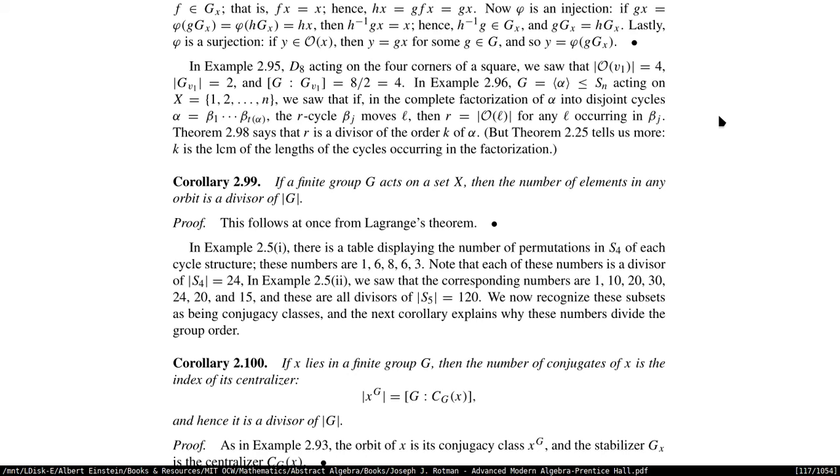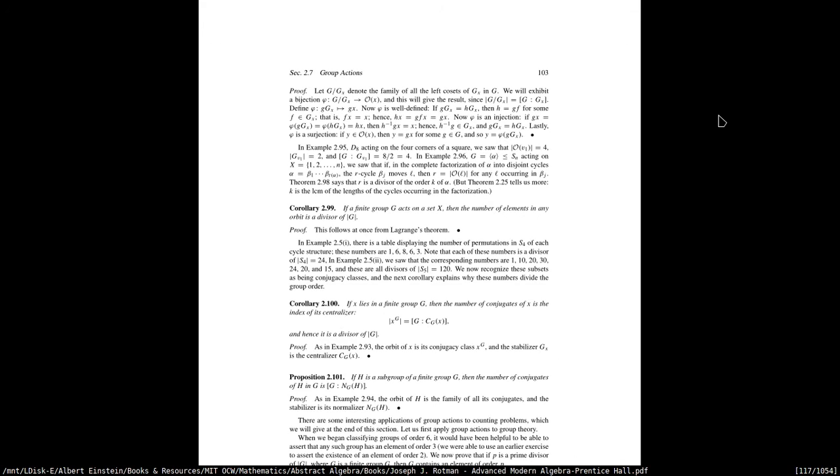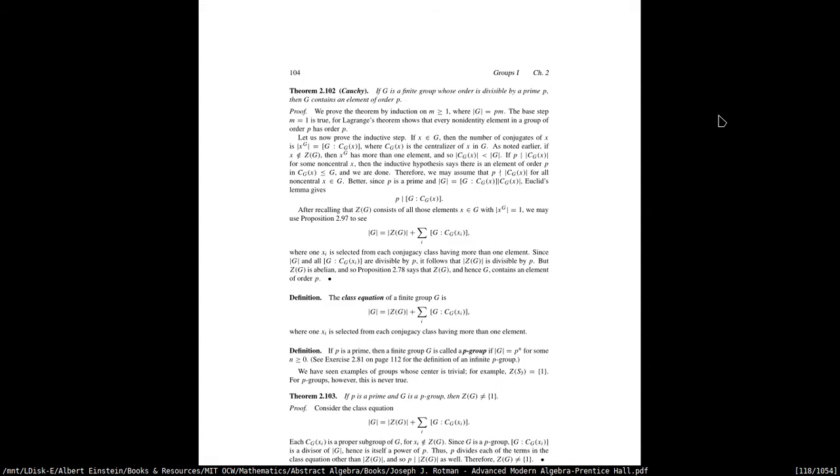The normalizer of the center of P in G. The center of P is already normal in P. Yeah, but not necessarily in G. So it would make sense to take its normalizer.